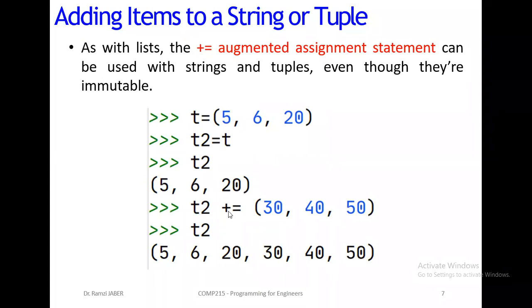Also, t2 plus equal 30, 40, 50. Here we can add a tuple to another tuple. So t2 now equals the merge of them, a concatenation, similar to a list.